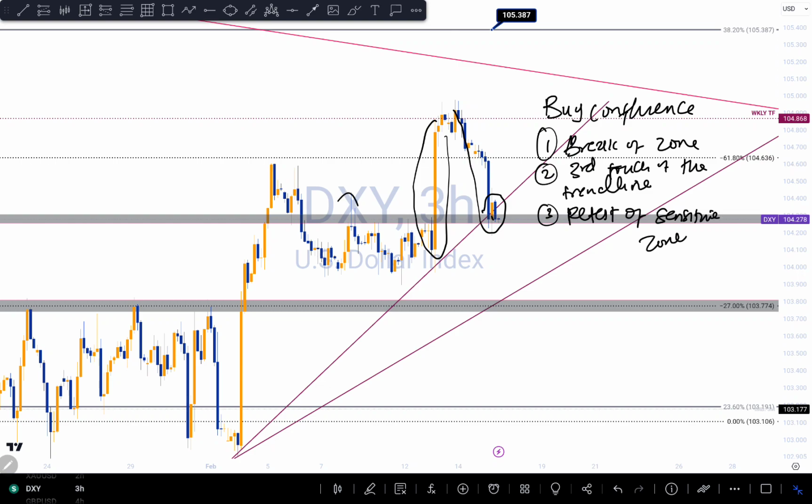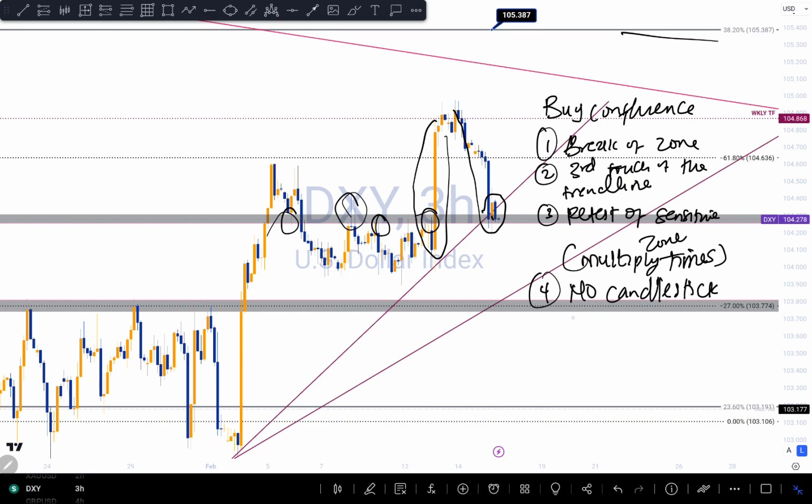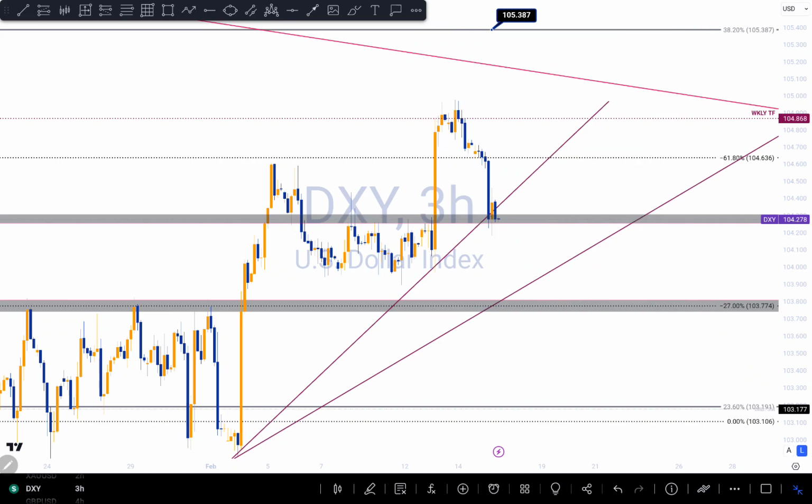The meaning of sensitive zone is because, like I said, we rejected around that zone multiple times, and no candlestick has broken below the sensitive zone. So as you can see, we haven't seen any candlestick that broke this level right here to solidify that we're still going to continue to push to the downside.